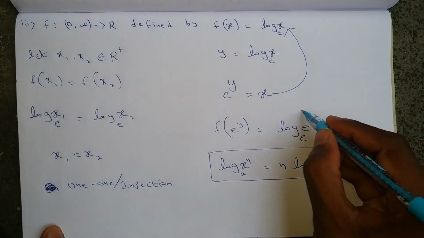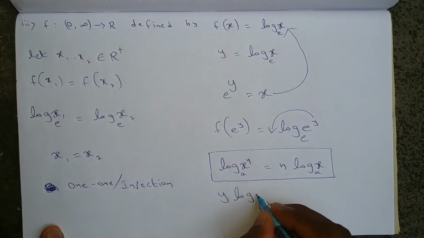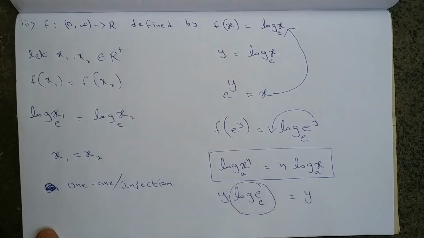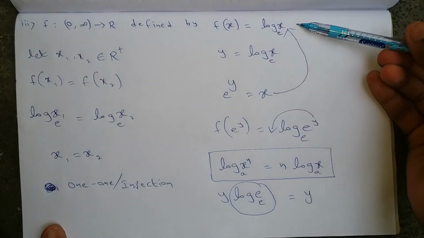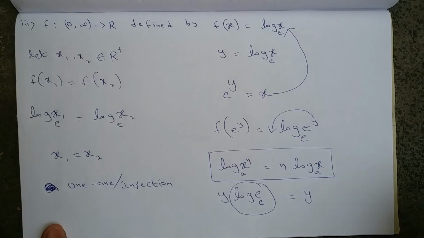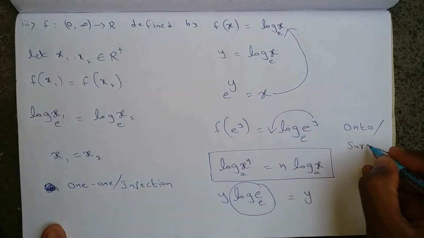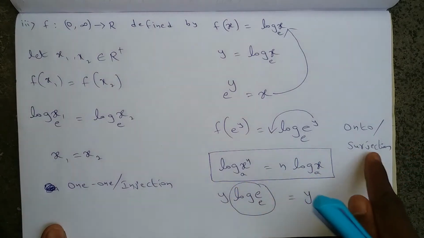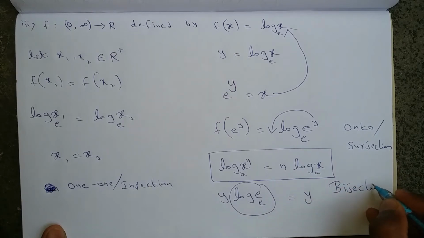So the same way this y will come to the front. So we get y into log e base e. This log e base e value is 1. So finally we remain with y. So we got the x value, and that x value we substitute in the given function, and we got the answer y. So we can say this is onto function or surjection. This is injection as well as surjection, so this is bijection also.